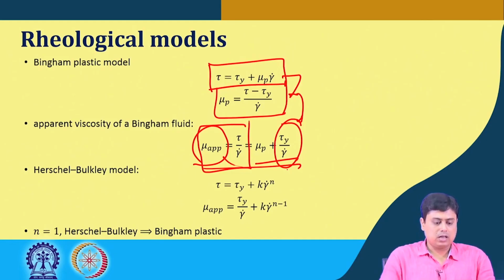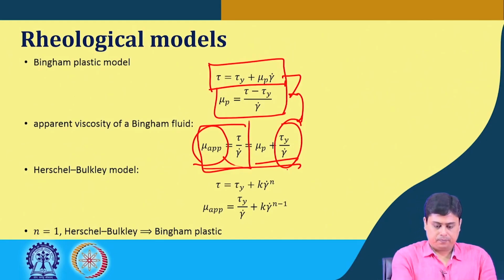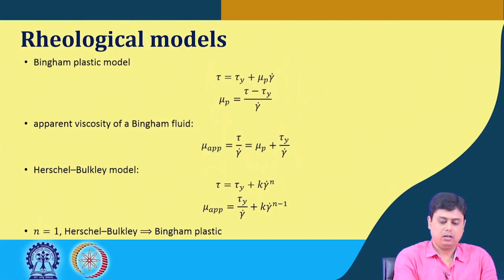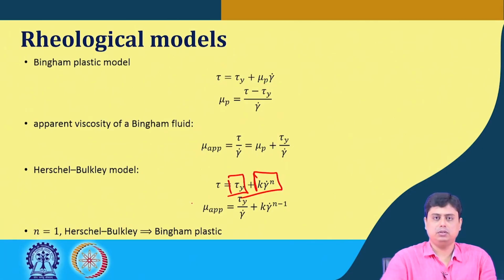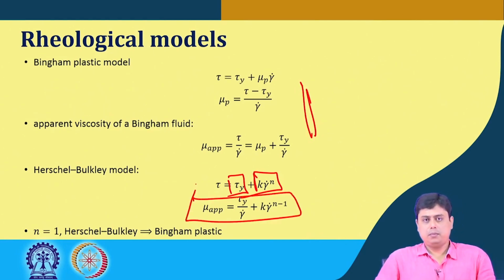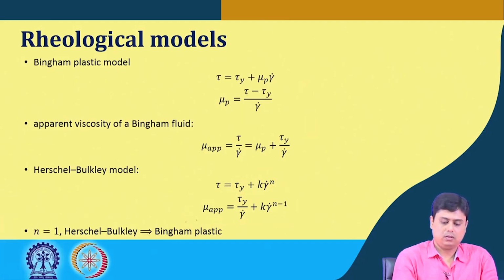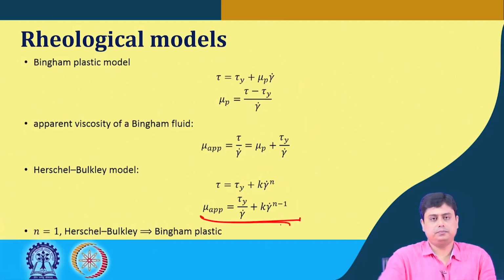Similarly, for the Herschel-Bulkley model we have this expression. If we separate it, we understand that this is the power law component and this is the yield stress component. Similar to this derivation, the apparent viscosity becomes this expression.